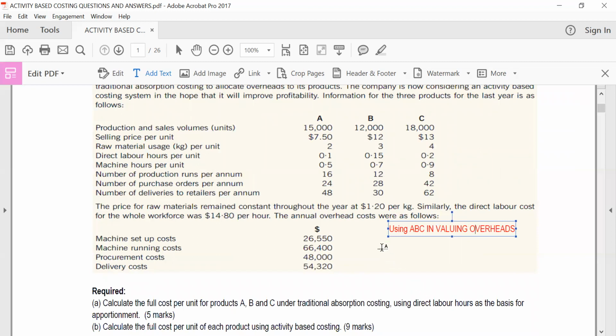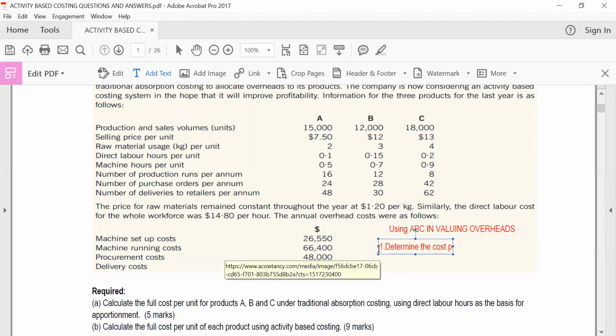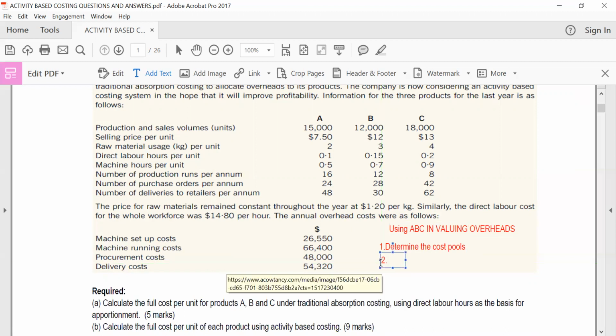Step one, determine the cost pools. And we say cost pools are activities that create cost, and they are all the time denominated in monetary values. Step two, determine the cost drivers.